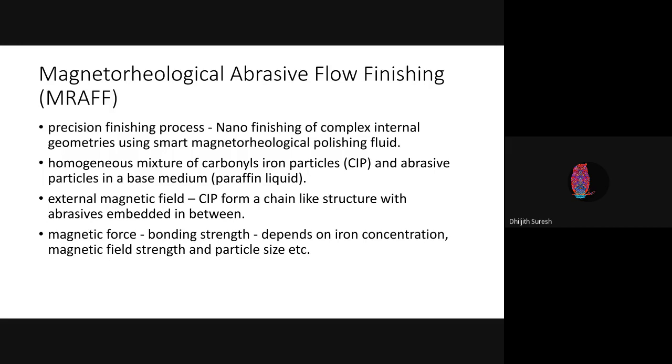and this will be used for machining, the magnetically energized mixture. So this magnetically energized fluid will contain the chain-like structure which is formed by the CIPs or the carbonyl iron particles, where the abrasive particles are also embedded.